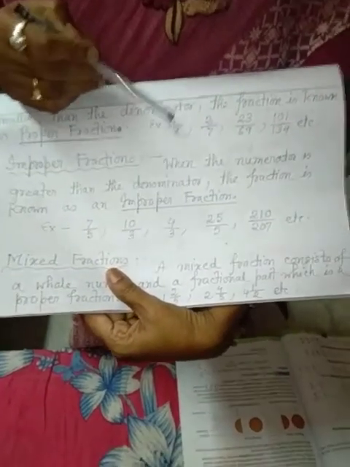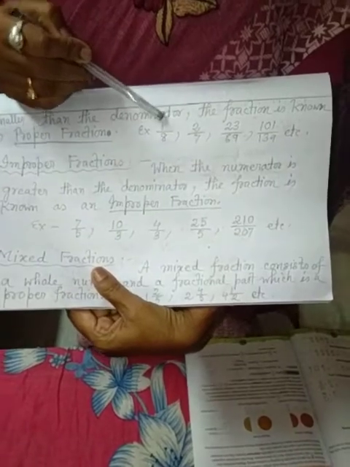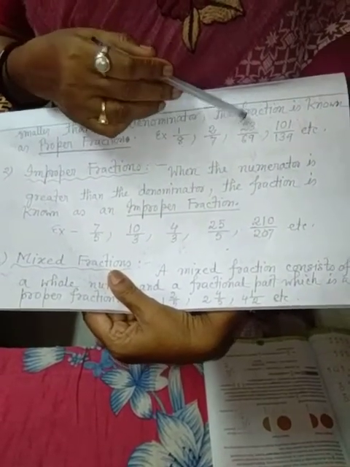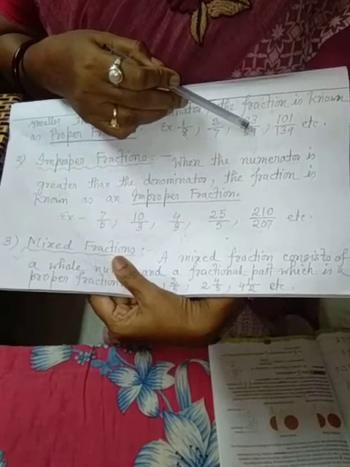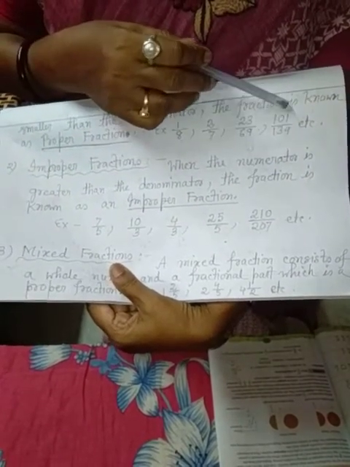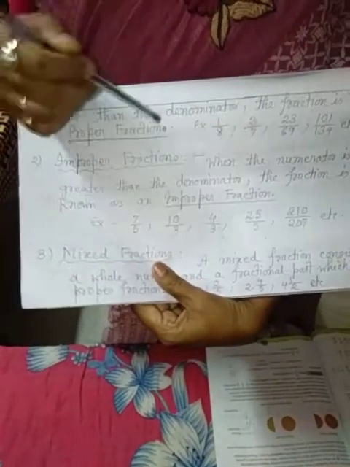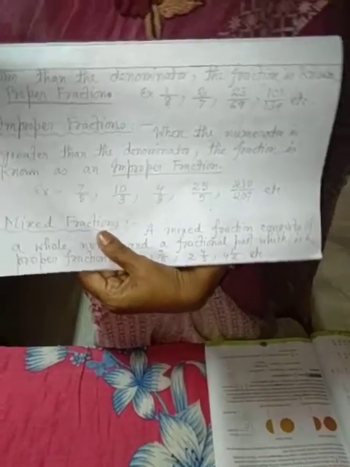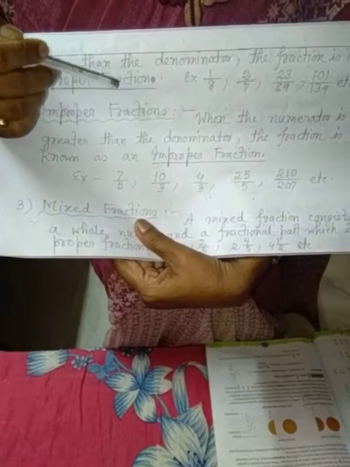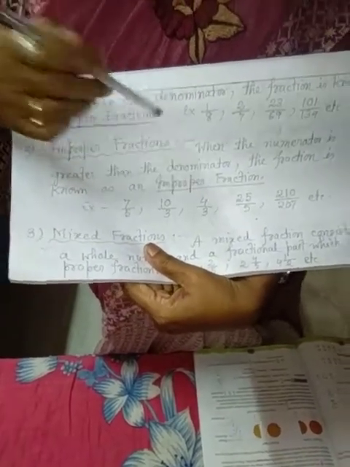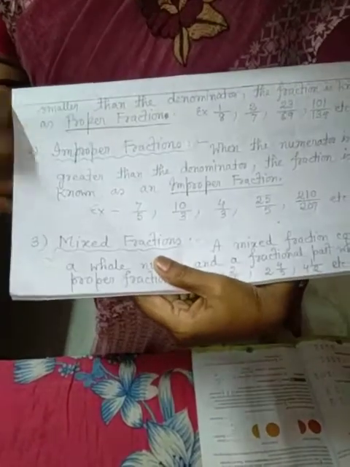That is 1 by 8, 1 is less than 8. 2 by 7, 2 is less than 7. 23 by 69, 23 is less than 69. 101 by 139, 101 is less than 139, etc. So if the upper part, the numerator, is less than the denominator, that is called a proper fraction.